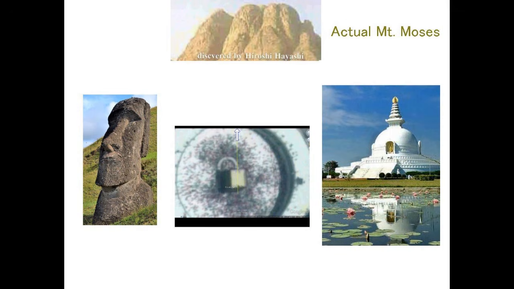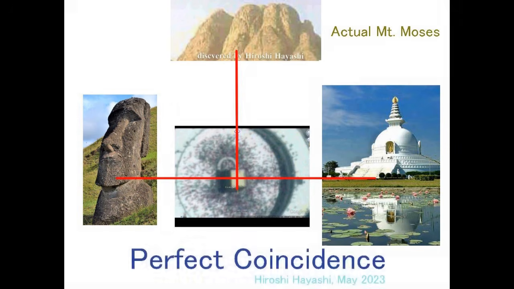And connect Easter Island with present-day Lumbini, which is said to be the birthplace of Buddha. The line exactly crosses the cube of Merkaba. The error in Merkaba cube is within 10 meters. In this way, Easter Island, Lumbini, and Mount Moses are connected by lines centering on Merkaba.